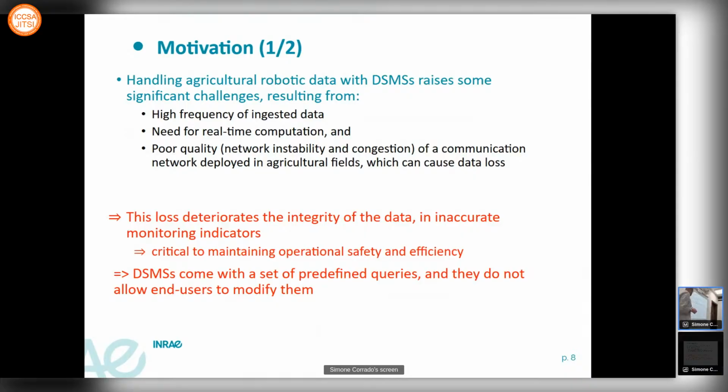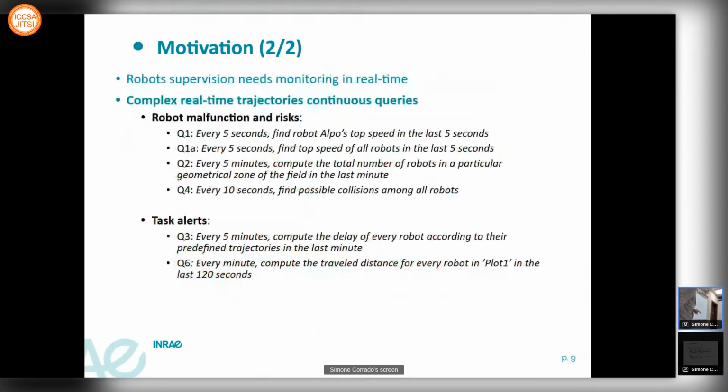So we need a system that can query and understand where the robot is in real time. For that reason, we think we can use this kind of data stream management system. But they come with a set of predefined query operators, and we cannot modify them. Well, you can, but you have to write thousands of lines of code.